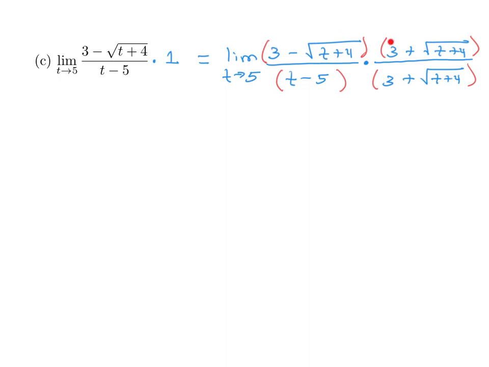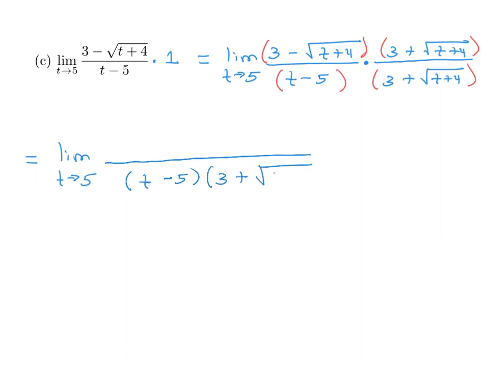I'll go 3 to 3, 3 to this positive square root. Then I'll take this term and distribute that in as well. Let's write that whole thing out. This is the limit as t goes to 5. And I'll first write the denominator, only because we're not multiplying it out. We're just saying it's t minus 5, which I'm hoping cancels, times 3 plus the square root of t plus 4.